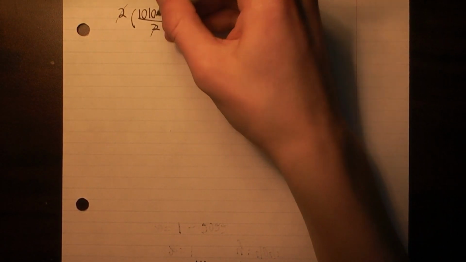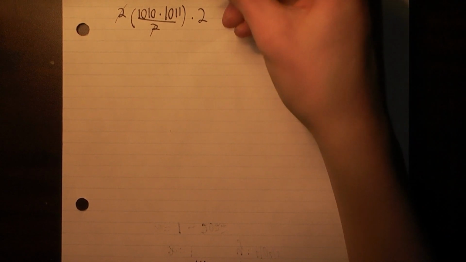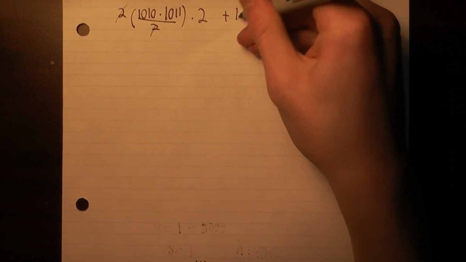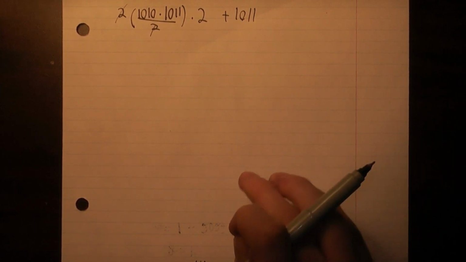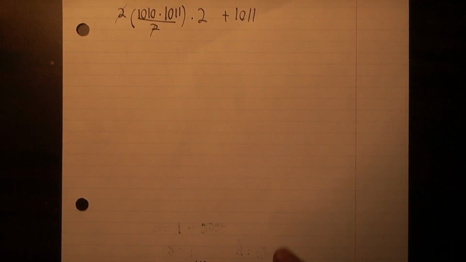So it's basically double the last number we had, which is 1010 times 1011 divided by 2 times 2. Those cancel out, but then we want to multiply by 2 again, because it happens twice, reversed. And then we want to add 1011, because that's an extra number in between the two flipped patterns.